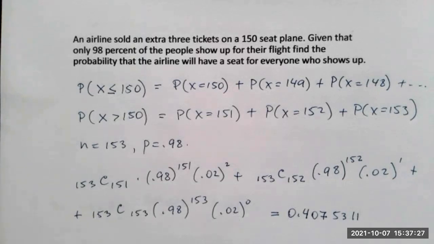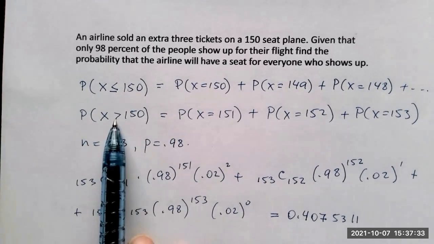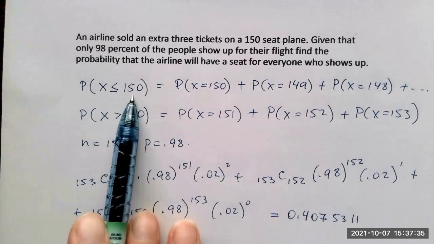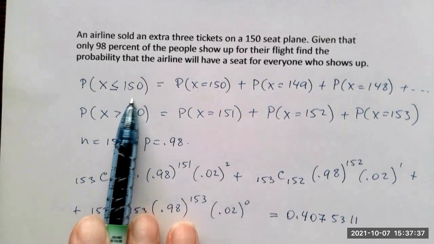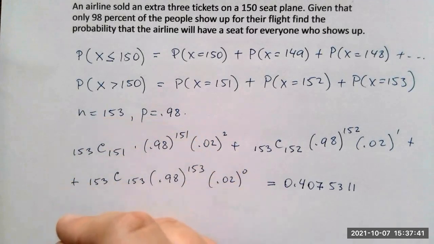So what do we do after we found this probability? Well, remember that that probability was a complement of what we actually were looking for. So we need to subtract it from 1.